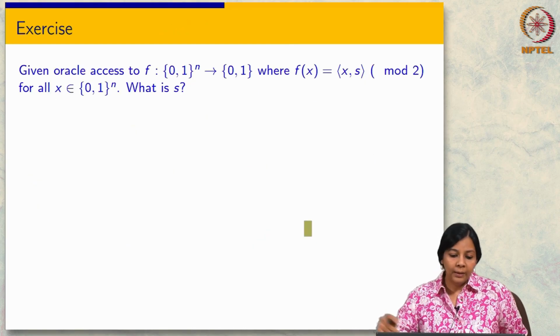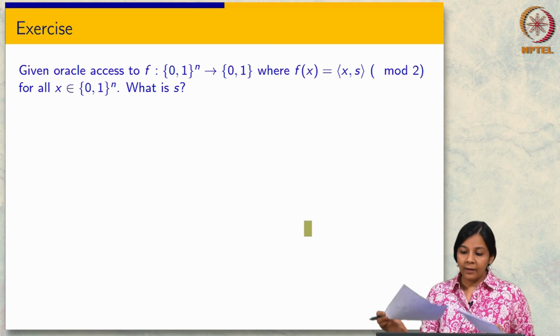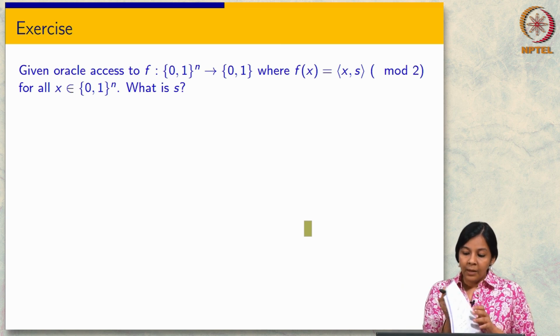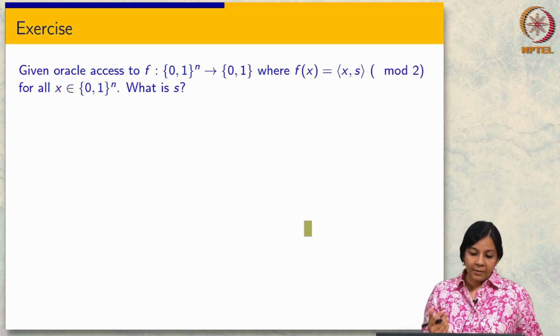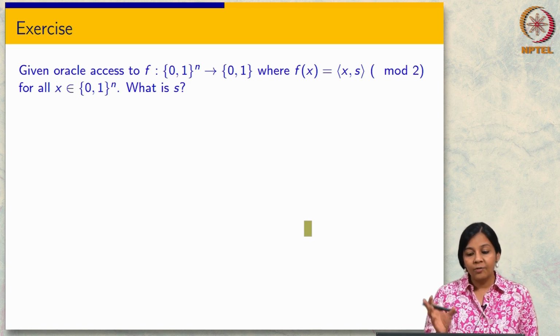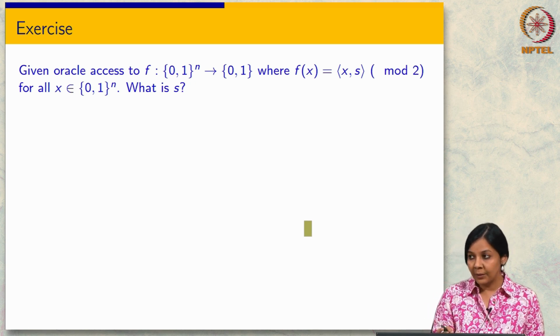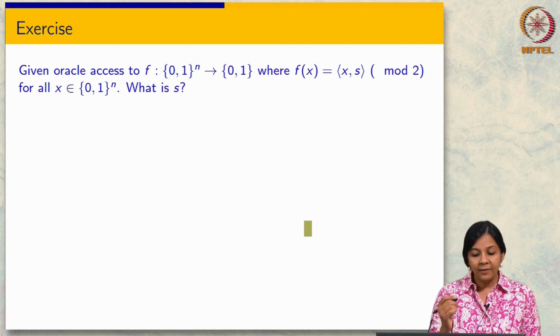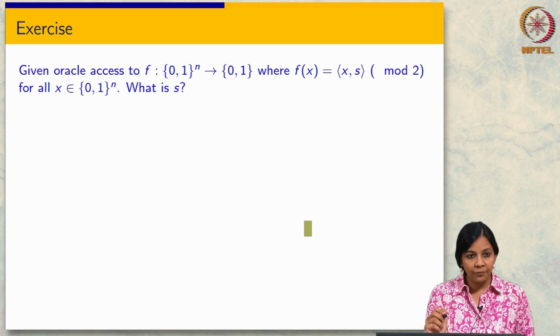Alright, so the next thing that I want to discuss today is actually something that we had in the homework problem, but since we decided to discuss these problems in class, I thought this is a good time to discuss this particular problem. Okay, so this is the problem. Once again I am given oracle access to this function f.